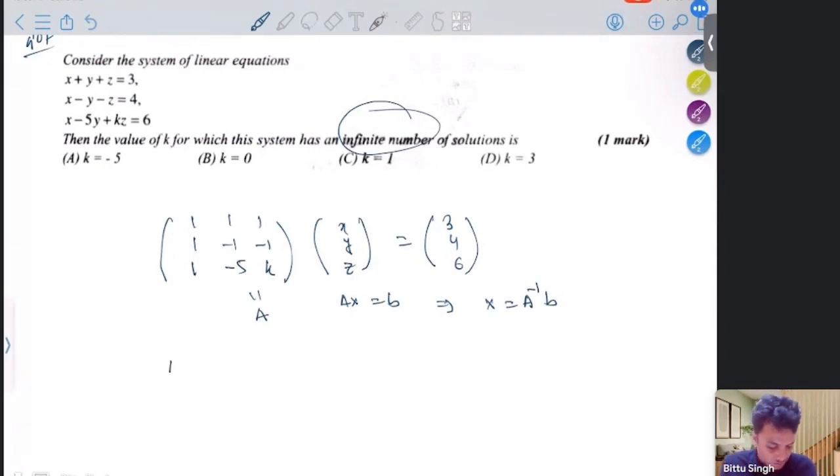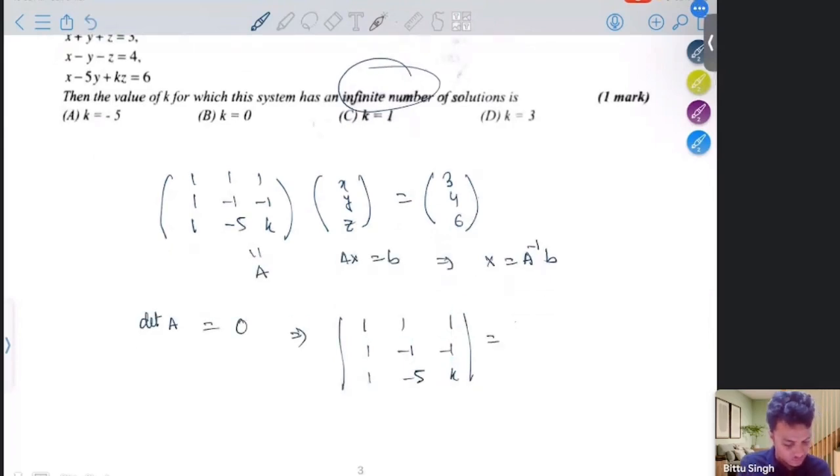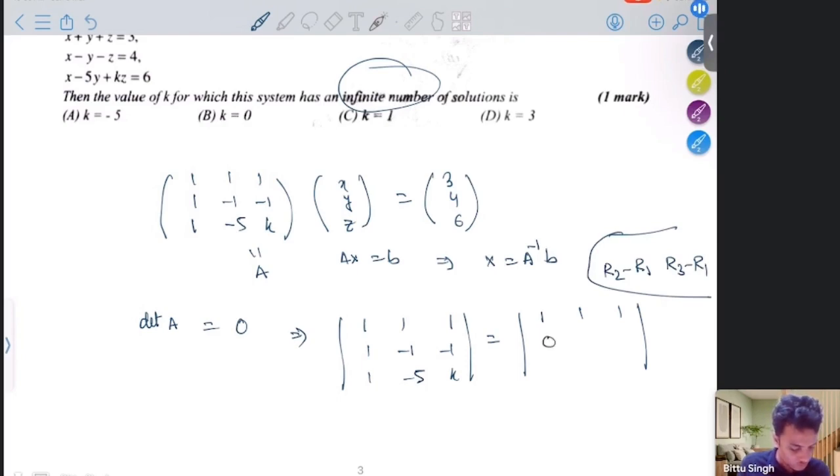Okay, so A is not invertible if and only if the determinant is 0, and let us find the determinant. 1 1 1. Let us use the operations R2 minus R1 and R3 minus R1 to find the determinant easily.